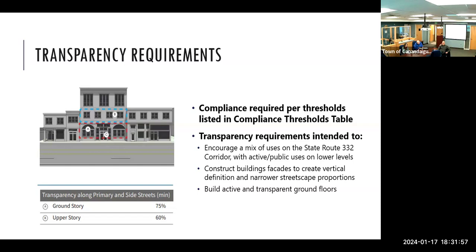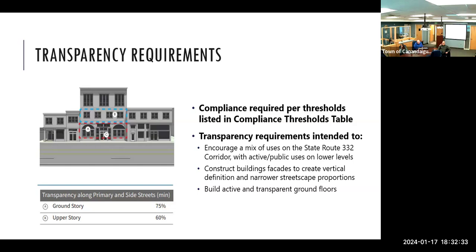The goal of this, as reflected in this visual, is to have high transparency on the first level, to create the eyes on the street, so people can see inside the businesses, creating that active, vibrant downtown, encouraging uptown, encouraging the mix of uses, and really activating that ground floor. Once you go to upper stories, 60% is not particularly high for a mixed use building.